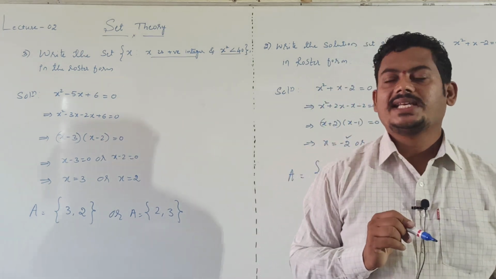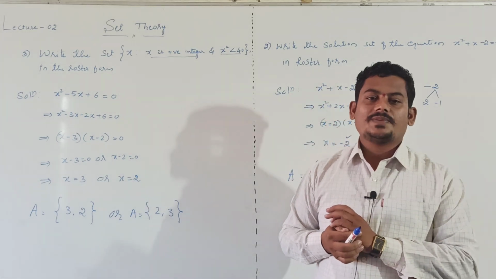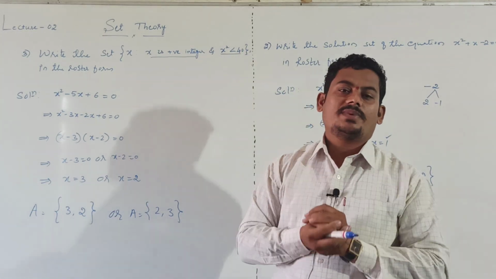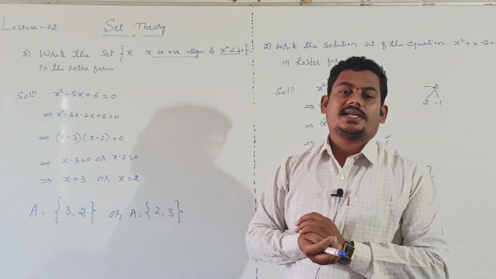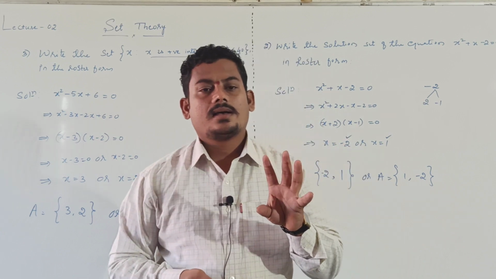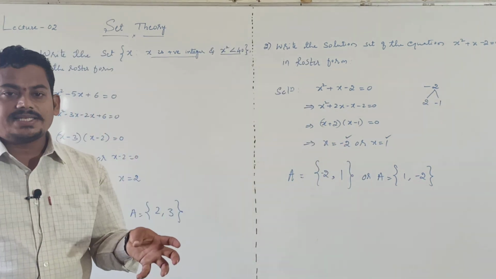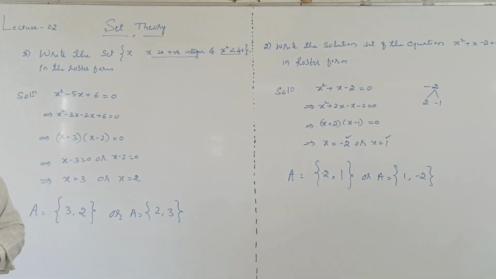X is positive integer. And one more property they have given. That is x square is less than 40. Means elements of the set consisting of positive integers and their square should be less than 40. There are two properties.